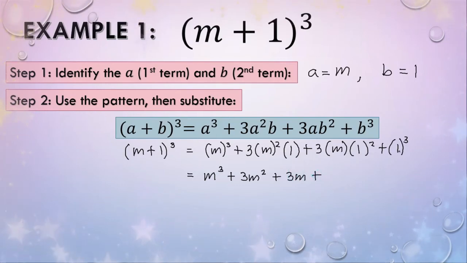That is 1 times 1 times 1, and the answer is still 1. Then that's it. That is now our final answer. And what are you going to do? Yes, you will box your final answer.